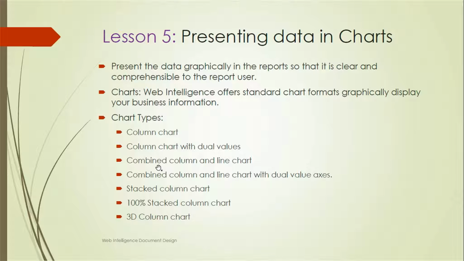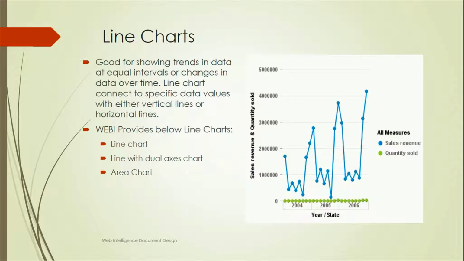Based on the business scenario or requirement, we can use any of these charts to display the data in a more graphical manner, which will be easily noticeable to the users and enhance the value to the business. So we will see one by one the different types of charts.